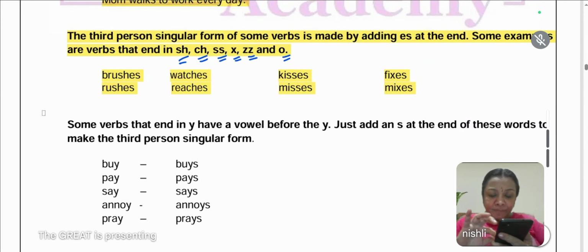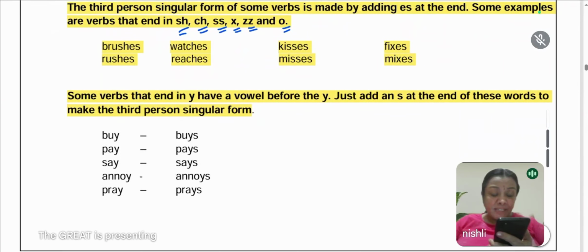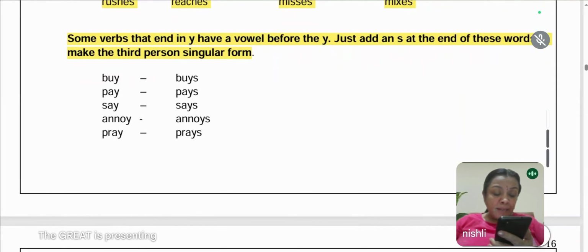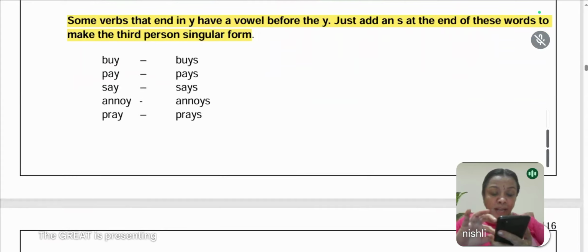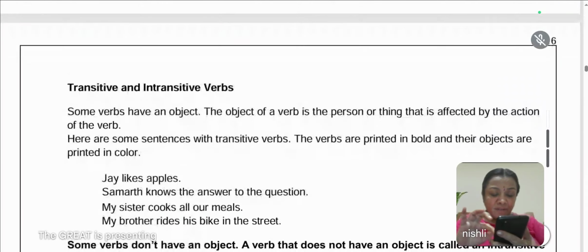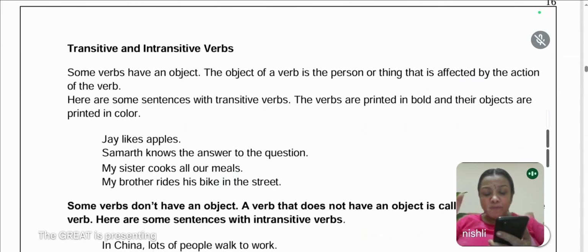Next, some verbs that end in y: buy, pay, say, annoy, pray. Any verbs that end in y with a vowel before the y simply add s.